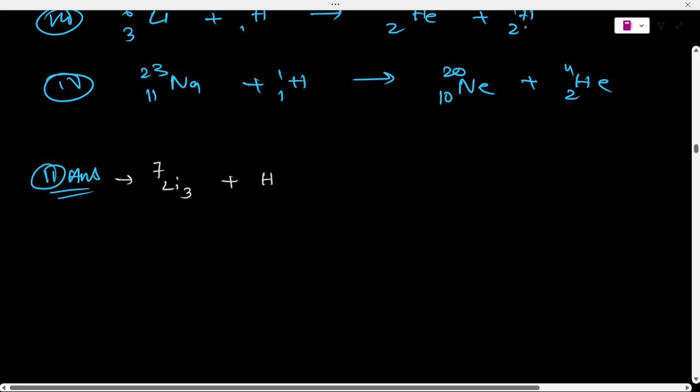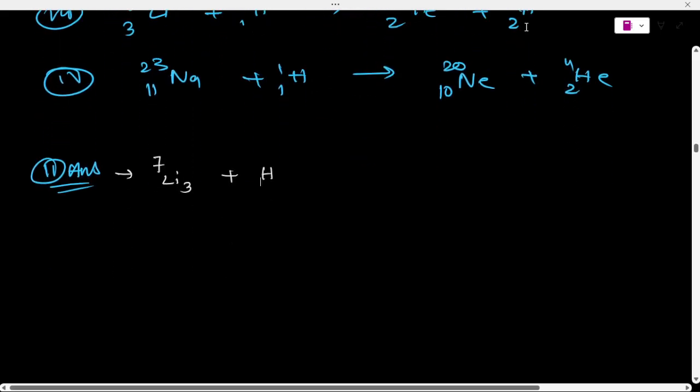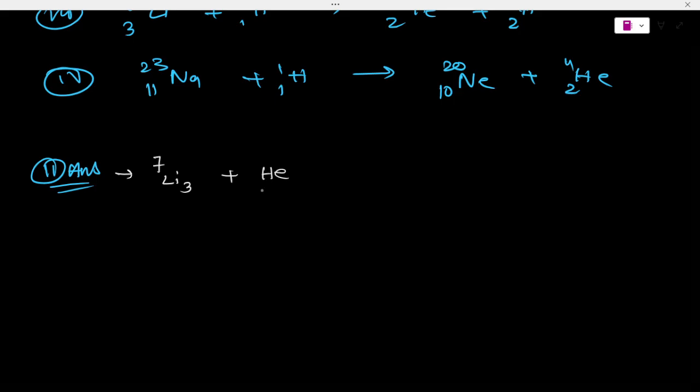As given, lithium 7 (3) plus helium 4 (2) turns into boron 10 (5) plus neutron 1 (0).